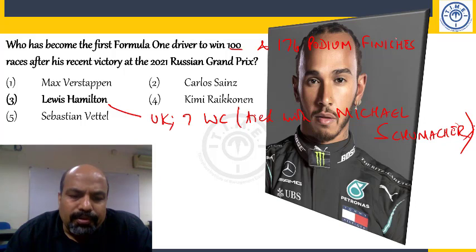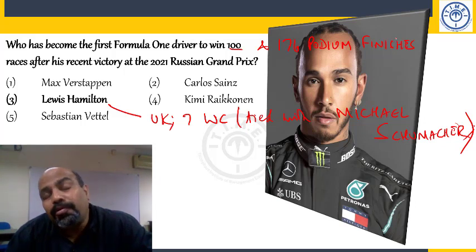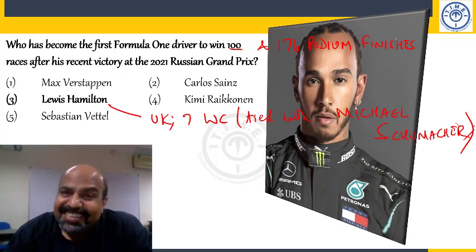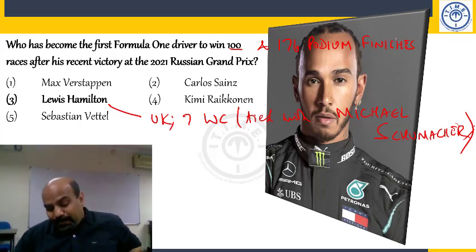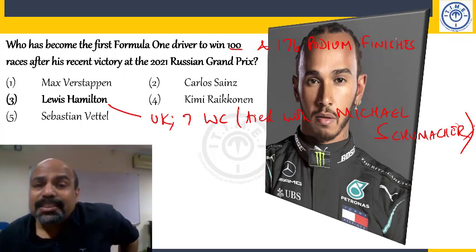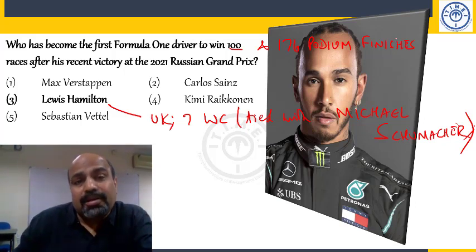If you look at these choices, in fact, if you look at Kimi Raikkonen, he's 41 years old. Can you beat that? At 41, people are like, man, my knees are paining and all that. So this is where physical strength and of course stamina count.